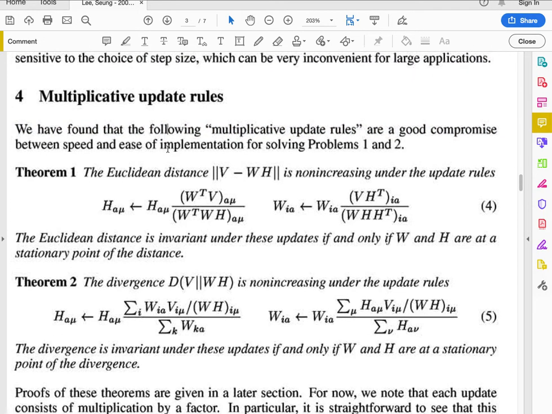Okay, now let's come to some mathematics. So we have found the following multiplicative update rules, that they are a good compromise between speed and ease of implementation for solving problems 1 and 2. So in this method, as you have seen in EM algorithm also, what is the hyperparameter in EM algorithm? K, okay.